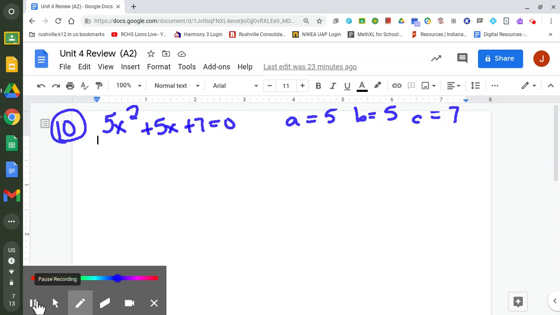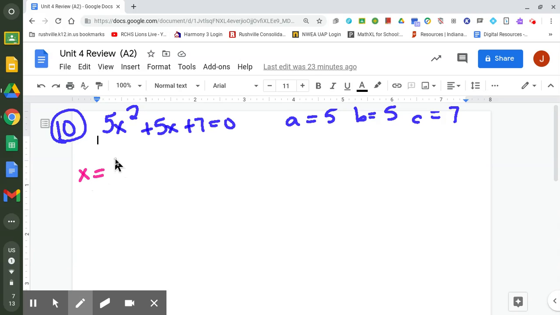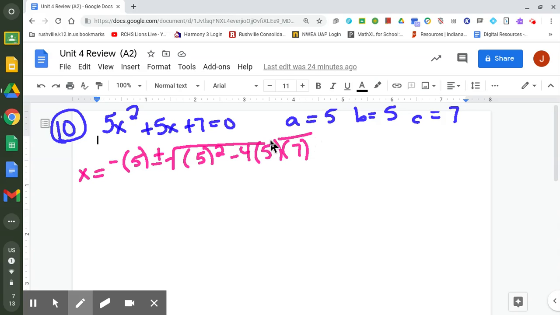Number 10 is another quadratic formula. So I have x equals negative, and my b is 5, plus minus square root of b squared minus 4 times a, which is 5, times c, which is 7.